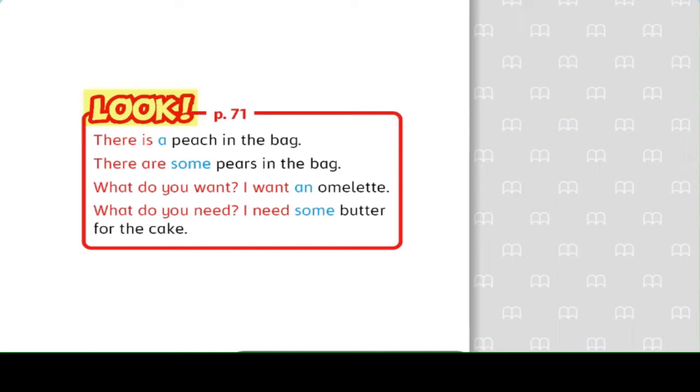On the other hand, uncountable nouns are the opposite. So we can't add a number before it, and we also can't add s to the end of the noun. So if I say rice, water, we can't say two waters. We can't say two rices.